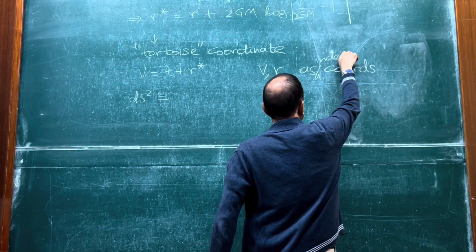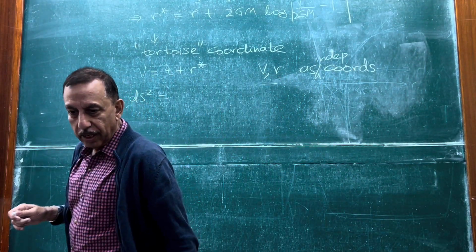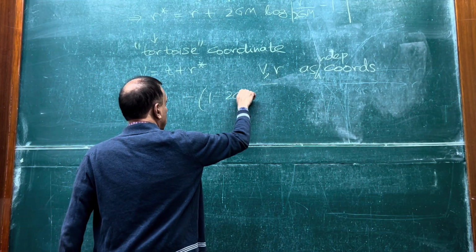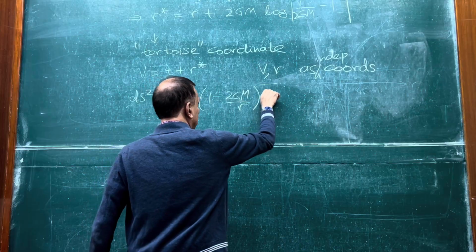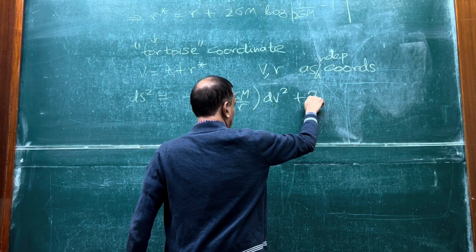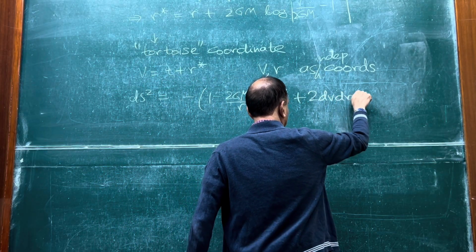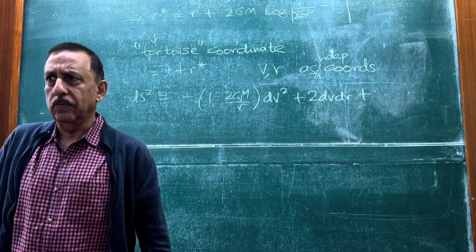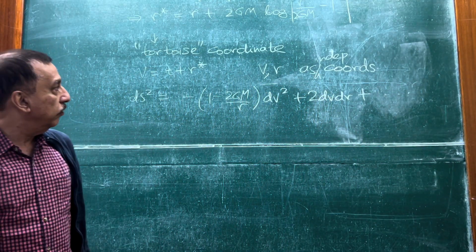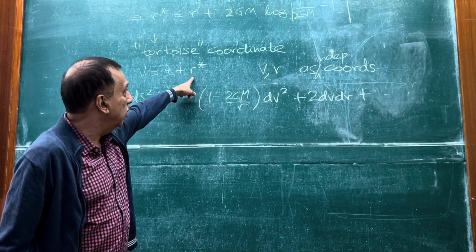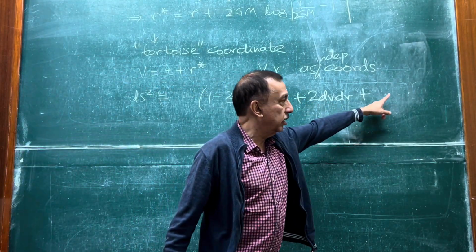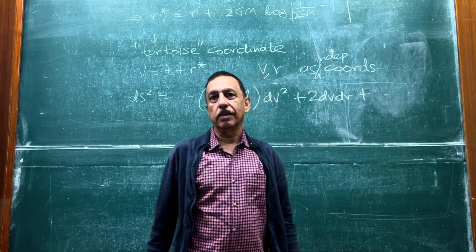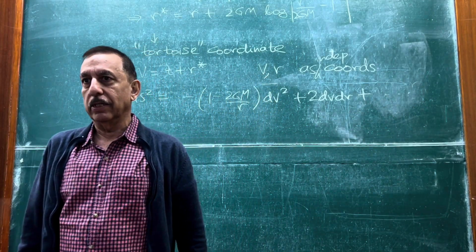So r star is just an auxiliary construction, and the metric we find is minus (1 minus 2GM upon r) dv squared plus twice dv dr plus, as usual, the angular part. Note that if we had actually used r star, we would be in some trouble, because here we have r squared d omega squared, and we would have to treat r as a function of r star, which would be very complicated.